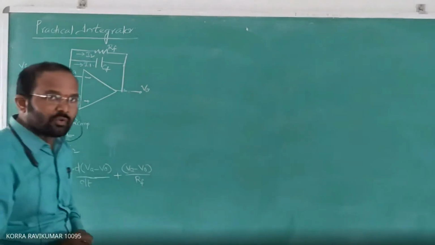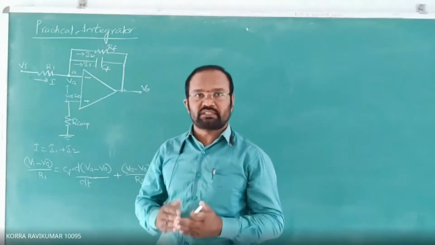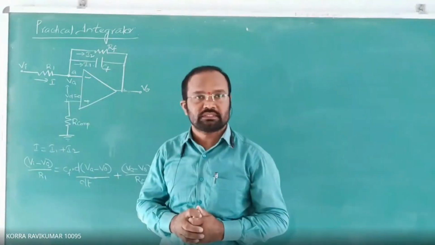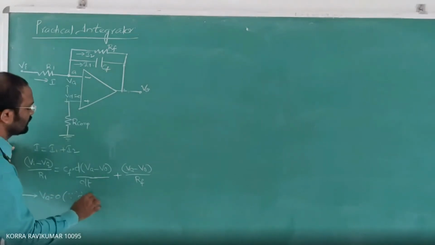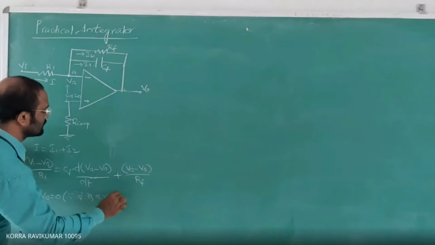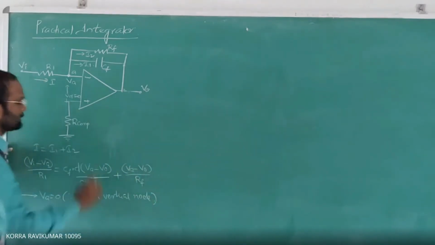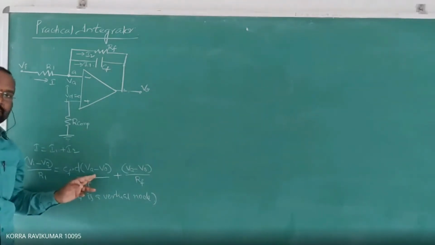As we all know, the voltage present at the virtual node is 0. So VA equals 0 since A is a virtual node. Substitute VA equals 0 in the above expression.